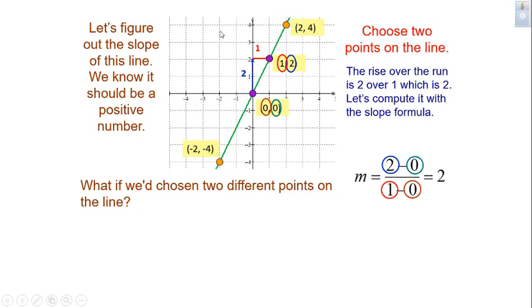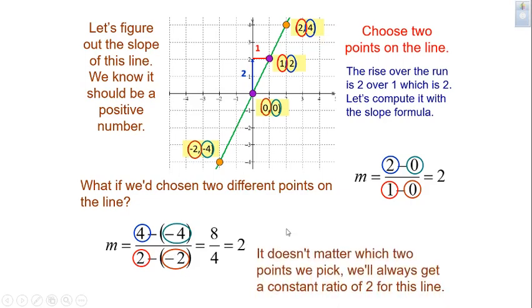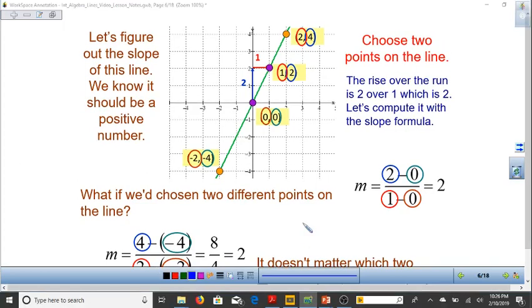So it will be up 8 over to the right 4. 8 divided by 4 will give me 2. Or I could use the slope formula, y2 minus y1, 4 minus -4, which is 4 plus 4, which is 8, and x2 minus x1, 2 minus -2, which is 2 plus 2, which is 4. It gives me the same result. It doesn't matter which 2 points I choose on the line. For the same line, the slope will be the same result.